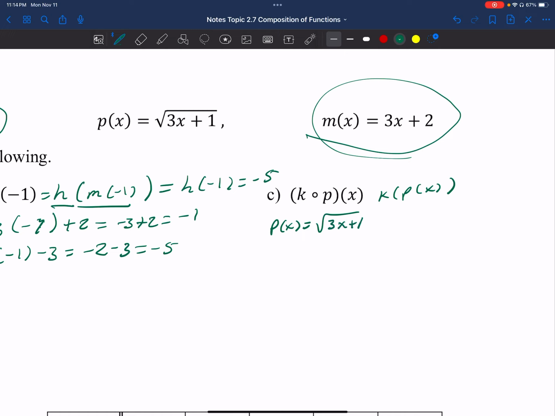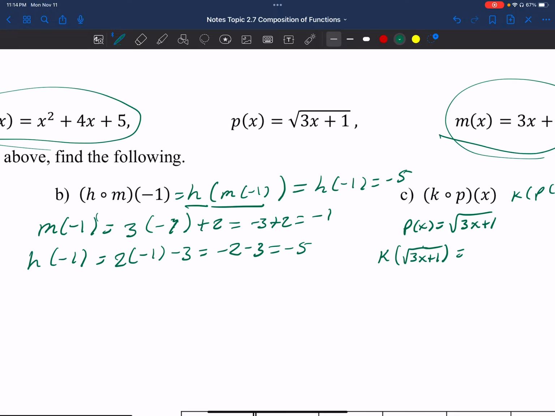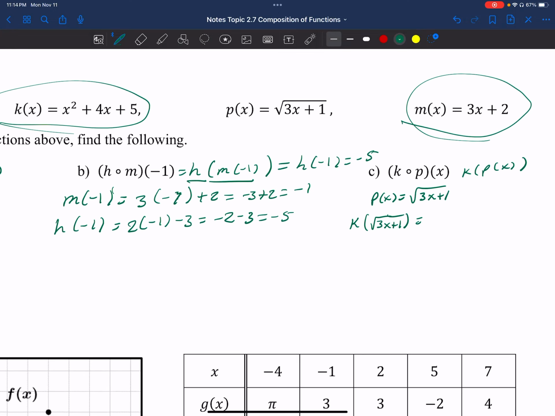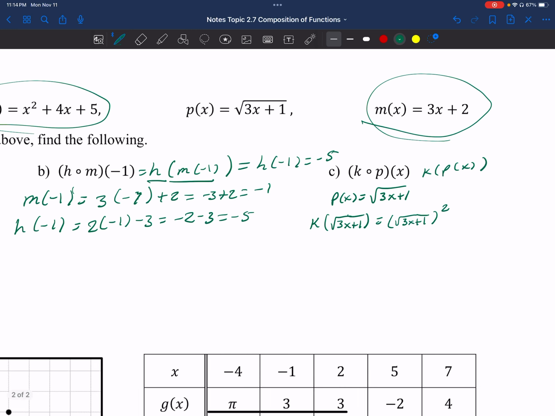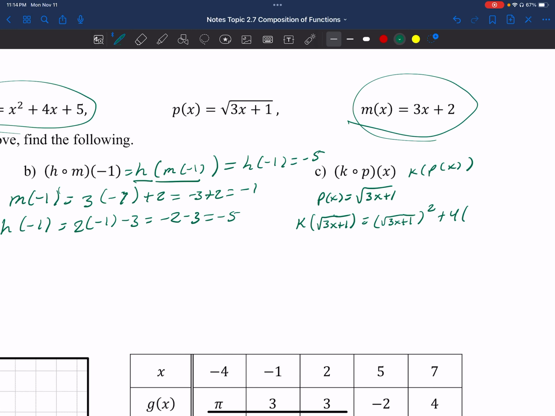And then I'm going to plug that into the outer function, which is K of the square root of 3x plus 1. So looking at K, this is my function. So square root of 3x plus 1, quantity squared, plus 4 times the square root of 3x plus 1, and then plus 5. I am going to try to simplify this a little bit.